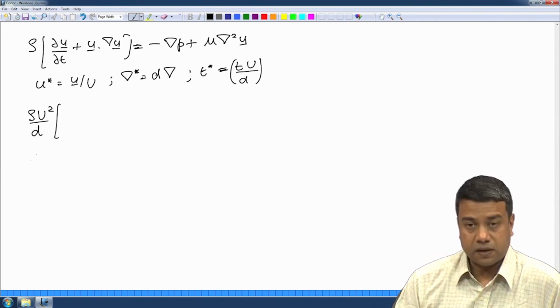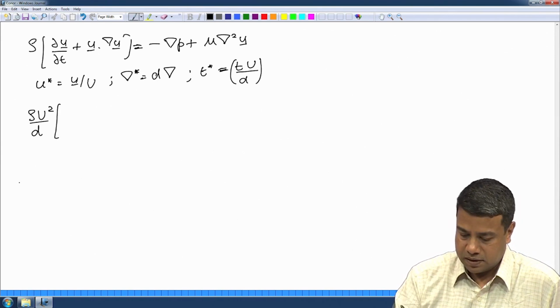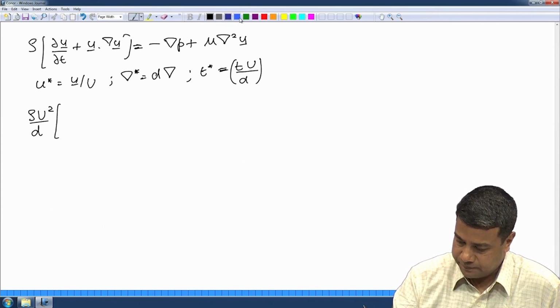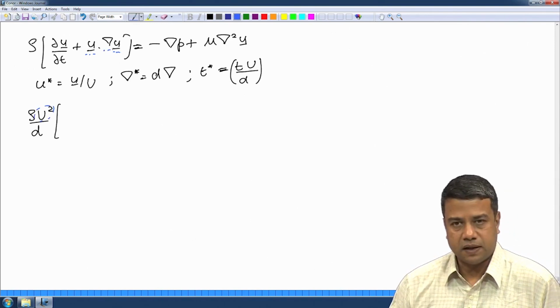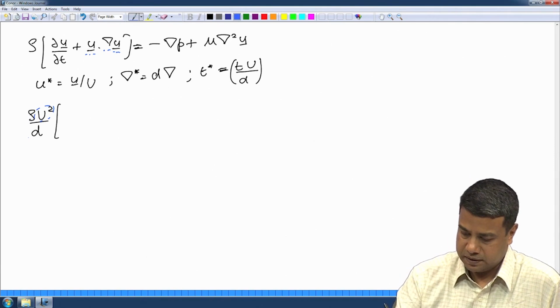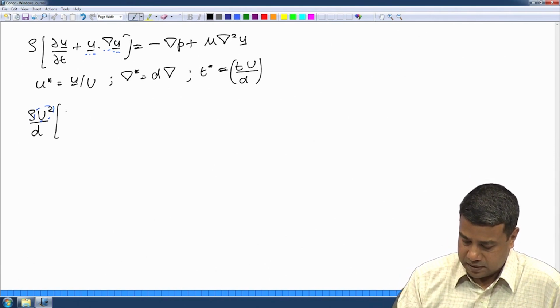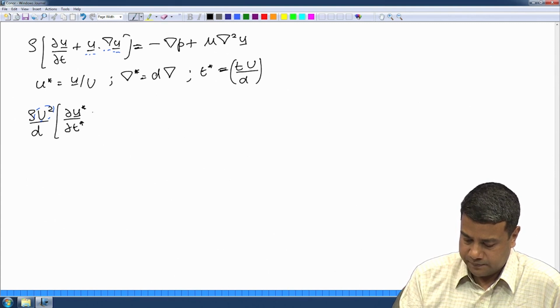You can work it out. There are two factors of u here, which gives you a factor of u square, and there is one gradient which gives you 1 over d. So, this is partial u star by partial t star.